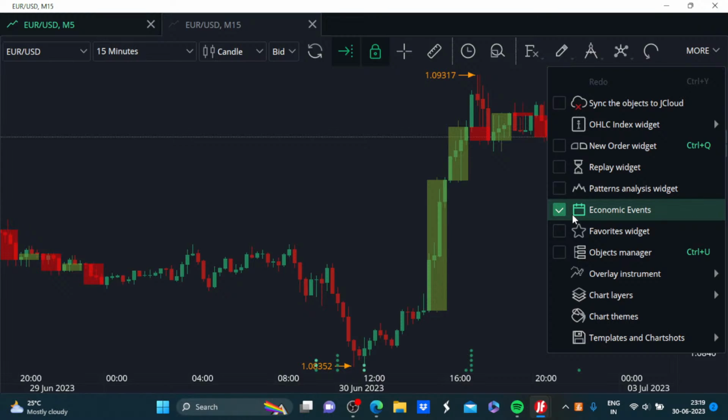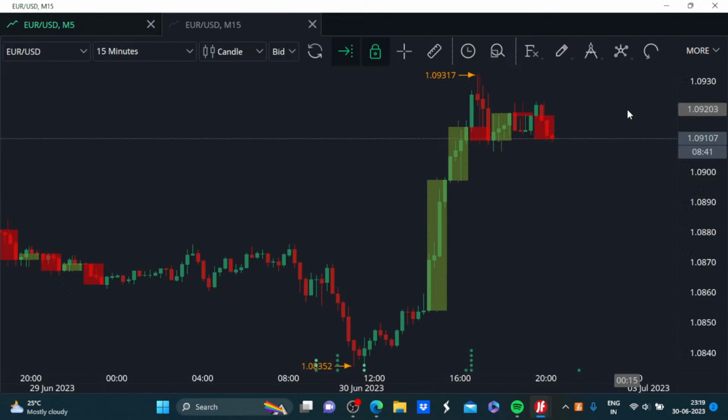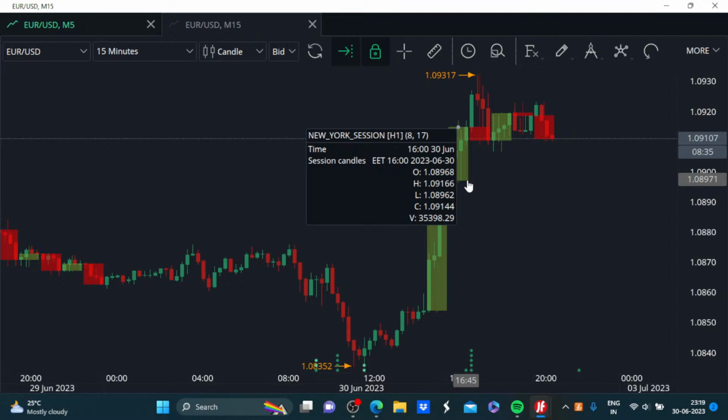So regardless of what time zone you are using for charting, you can get this highlighting for these sessions in all these time zones. So you don't really have to worry about getting your time zones right. That is also one advantage of this indicator.